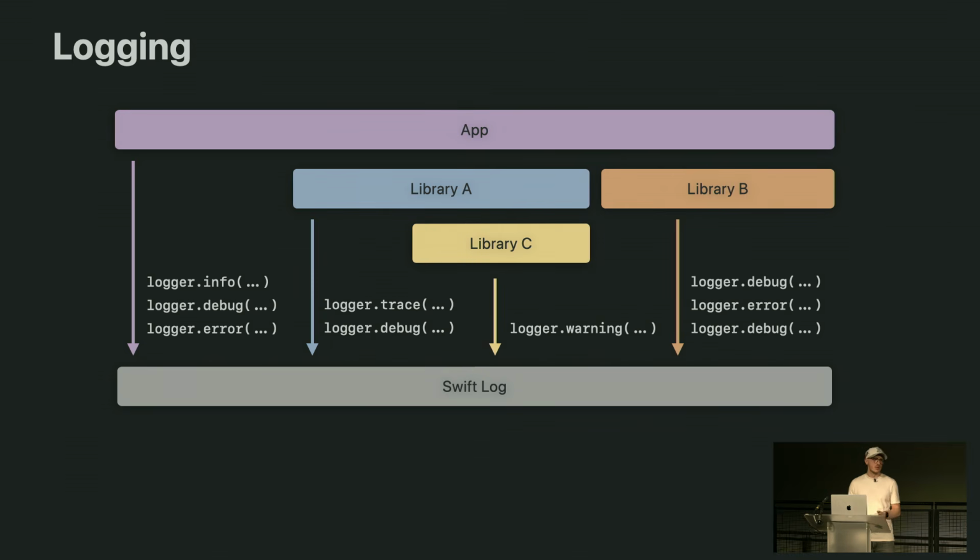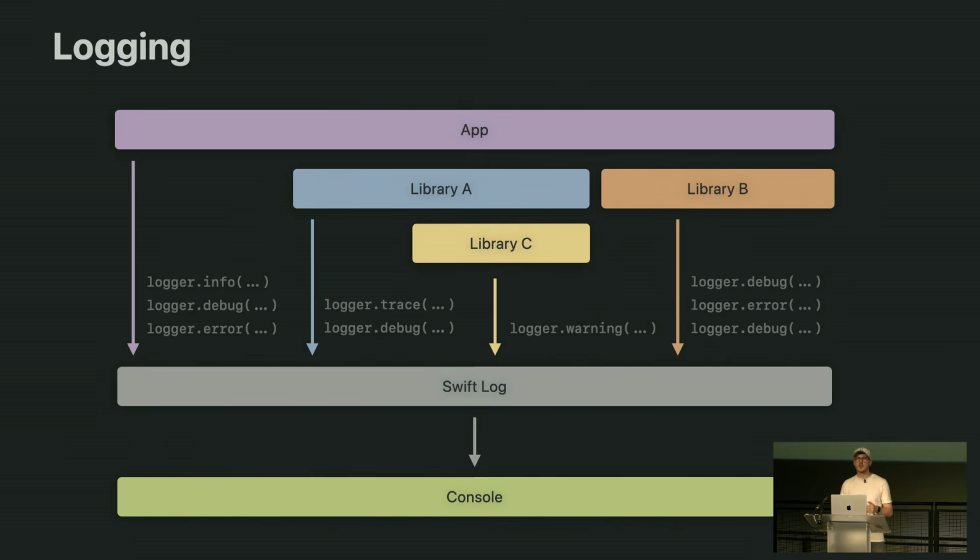If you do nothing, by default, they'll be emitted on the console. But if you want to, you can choose and configure a different logging backend, and then call Swift Log's Bootstrap API. Now, all the logs are exported to that backend. Not just the logs from the app you collected yourself, but all the logs from all of your dependencies too. And choosing a different backend will affect the destination of all the log messages in the system.